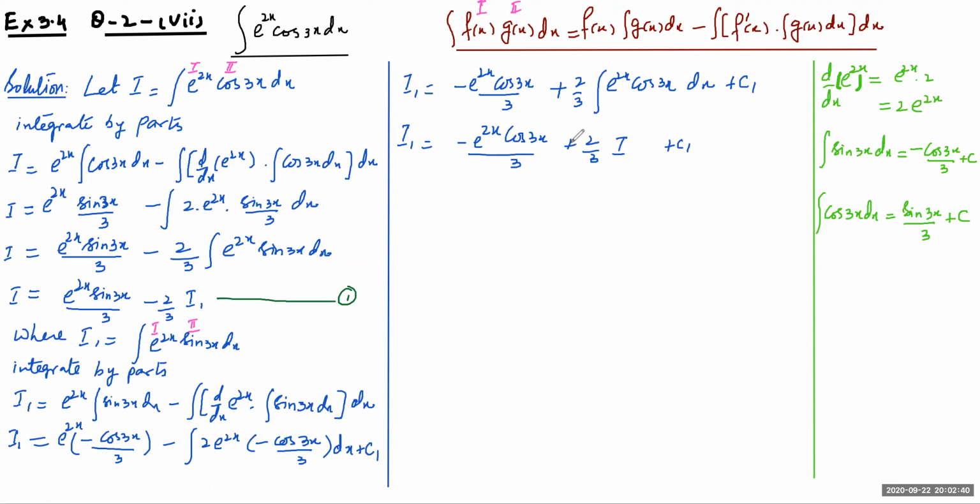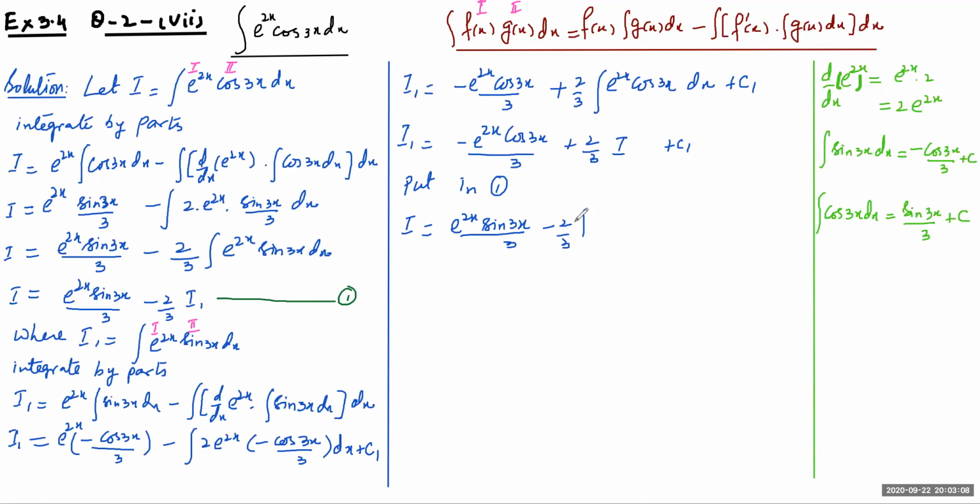Now we are going to put the value of I1 in result number 1. This is our result number 1. Put the value of I, and this is the value of I1. So I get I equals e^(2x) sin 3x by 3 minus 2 by 3.